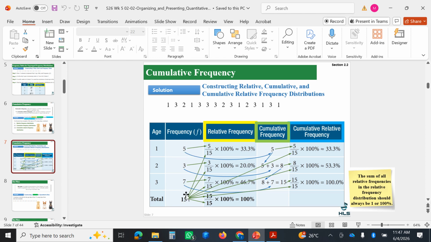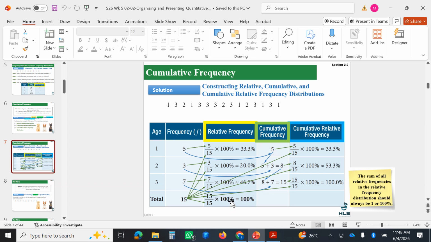So 5 out of 15 represents 33% of all the data. Okay? 3 out of 15 equals 20% of the data. 7 out of 15 is 46.7% of the data. And if you add these up, you will always get 100%. So at the bottom here, totals for relative frequency, you should always get 100%.